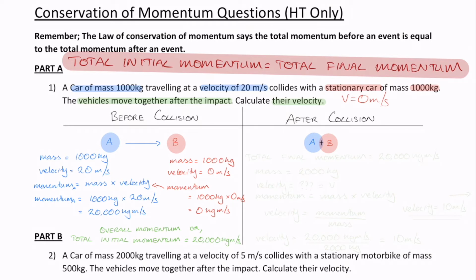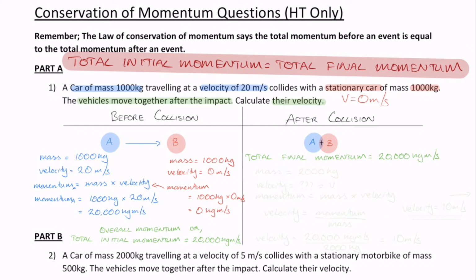As we revert back to our initial equation of total initial momentum equals total final momentum, we know that the total final momentum is equal to 20,000 kilogram meters per second, as it is equal to the momentum before the collision.